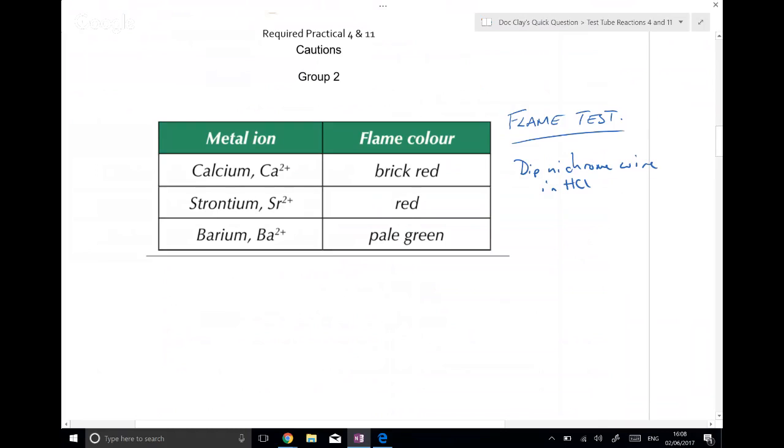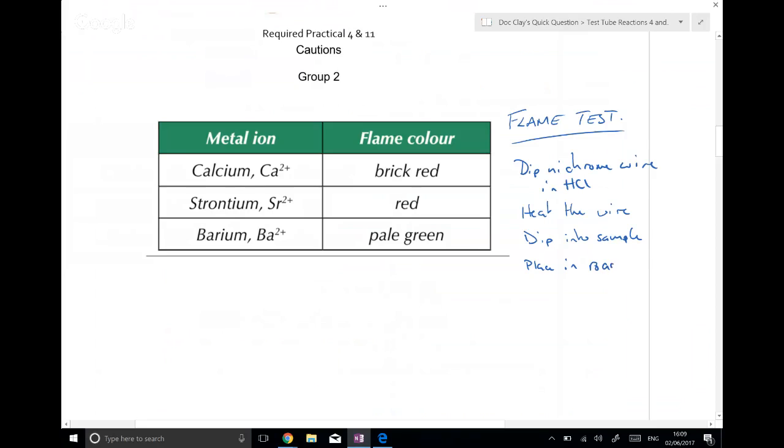Then you heat the wire, then dip it into either a solution or sample, and then finally you place the sample in a roaring flame.